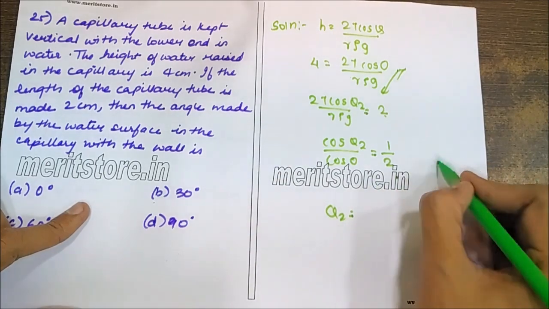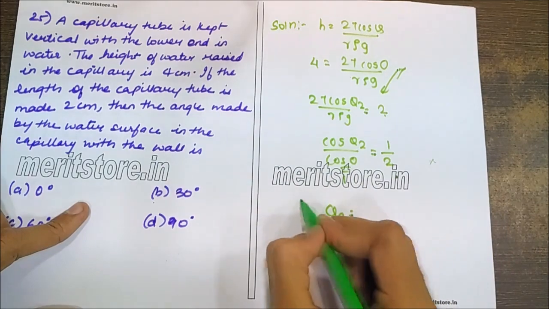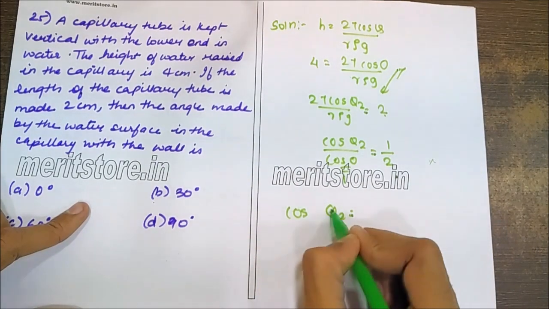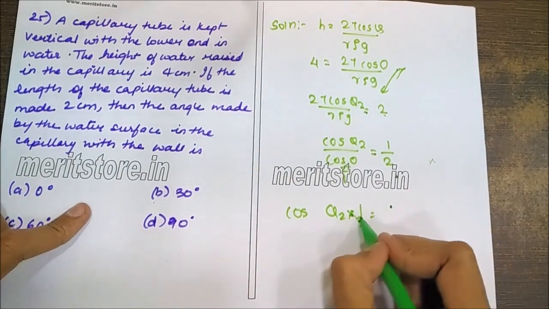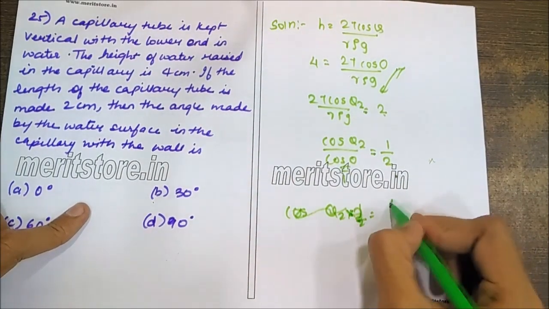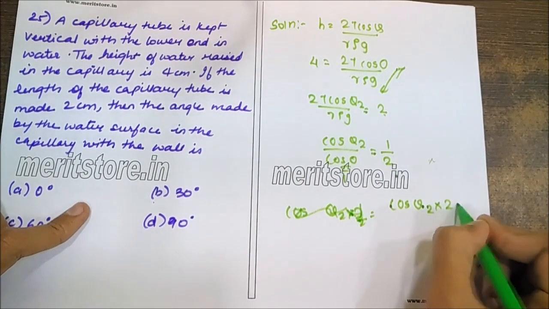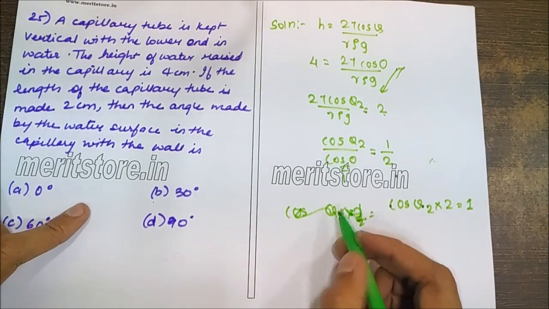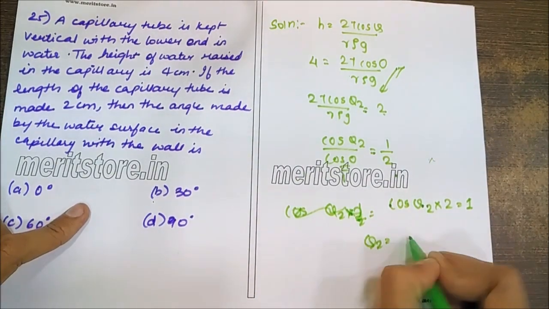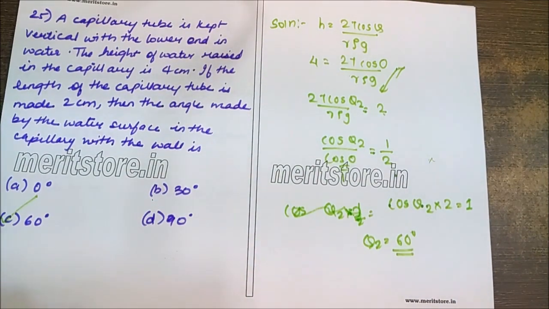Cos 0 becomes equal to 1, so cos theta 2 into 2 is equal to 1, so cos theta 2 is half. So theta 2 is equal to 60 degree. Okay, so 60 degree is the correct option.